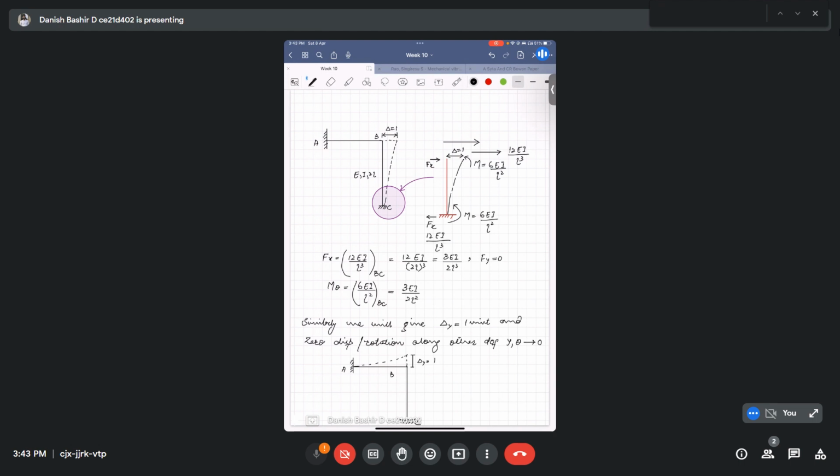Again, when we take a bigger picture of this at joint B, this is our beam, this is A, B, and it is getting displaced like this.